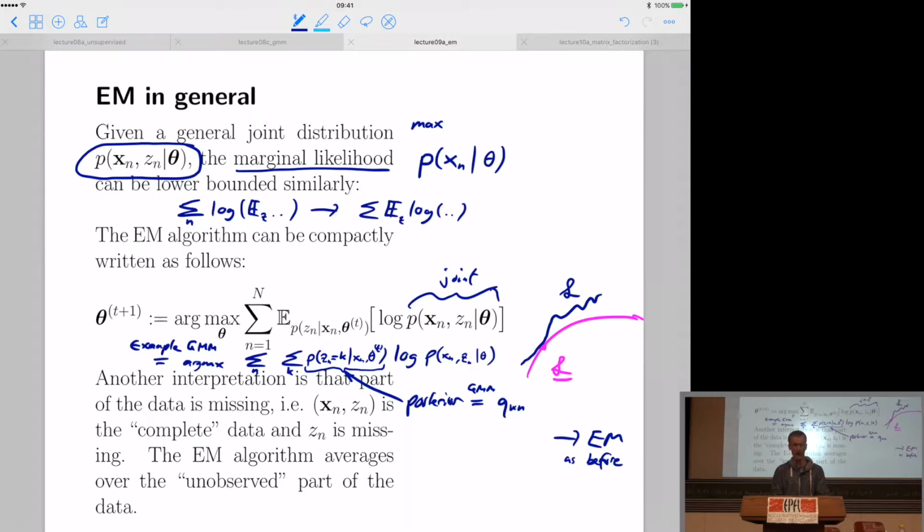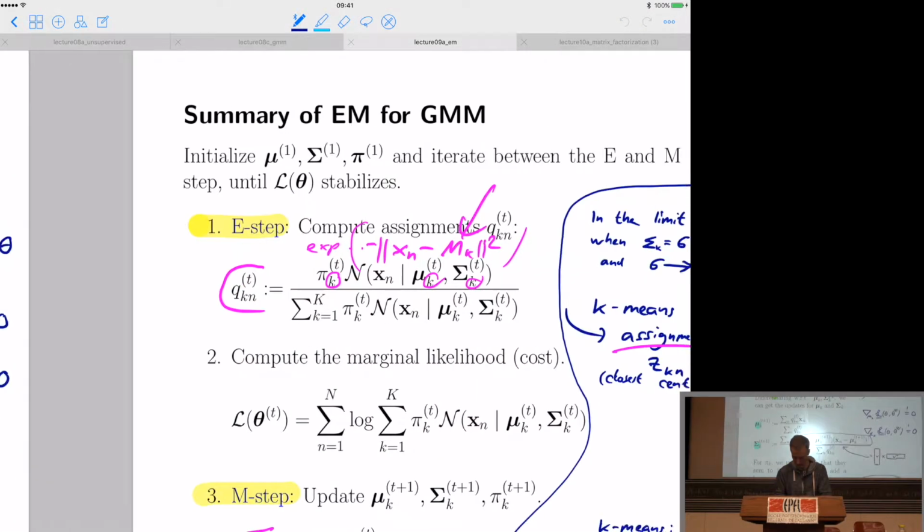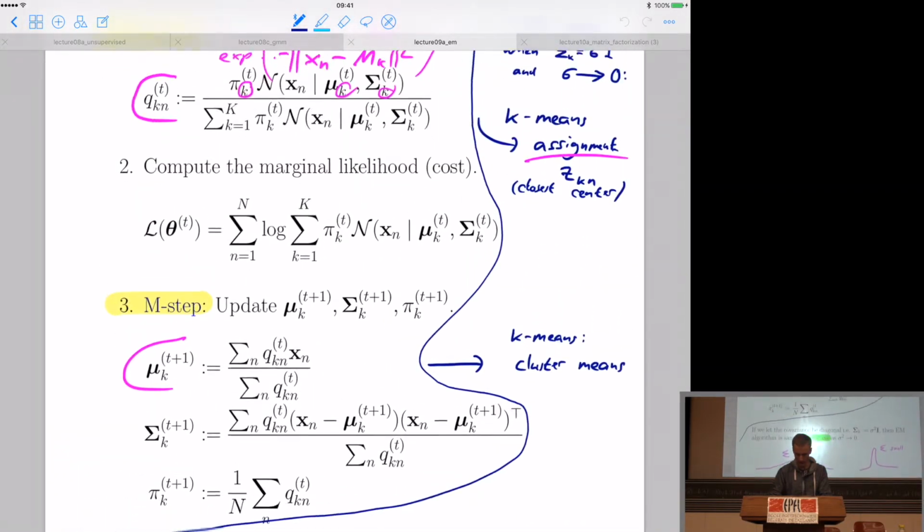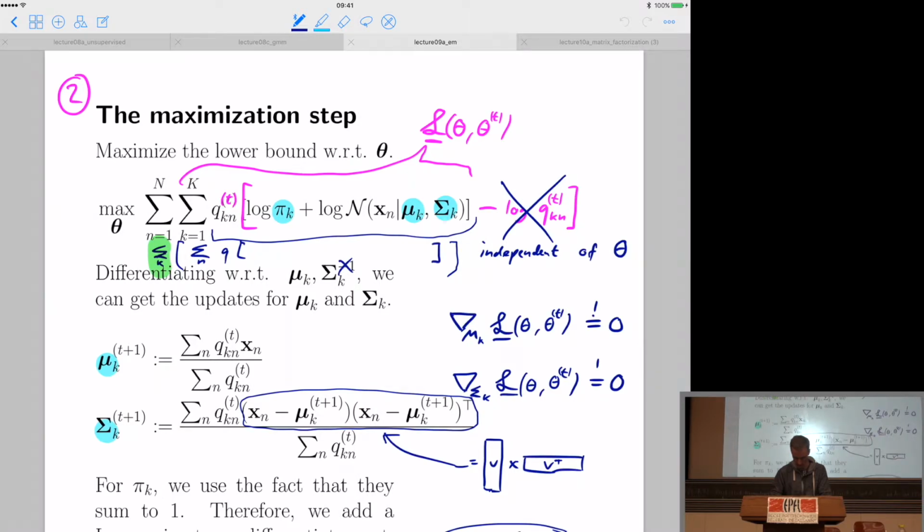So sum over n, sum over k, over this QK stuff. Let's go back, check if that's the case. So where is it? Yes, that's exactly here. So this you can take together, that's just the probability of the point x, also prior times likelihood, right, times the QK.